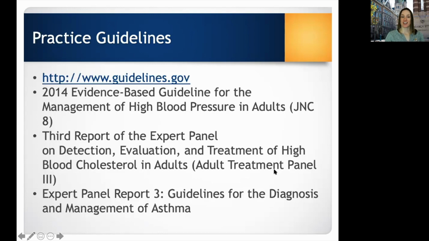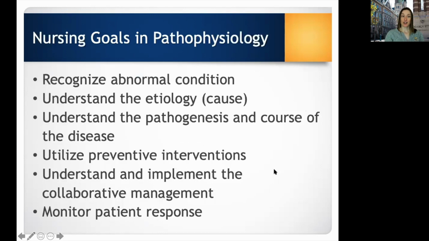We can find our guidelines by going to websites such as guidelines.gov, and we can find our practice guidelines for things like management of high blood pressure, treatment of high blood cholesterol, and then guidelines for diagnosis and management of things like asthma.